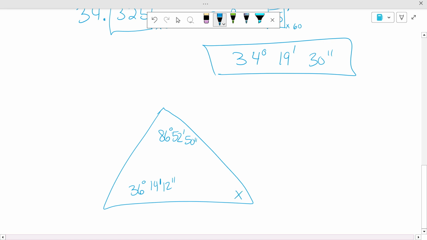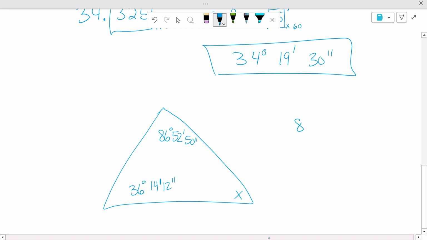What's X? All right, so how many degrees are in a triangle? 180. Okay, so we have to add up these two and subtract from 180.